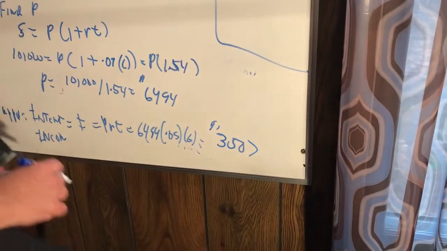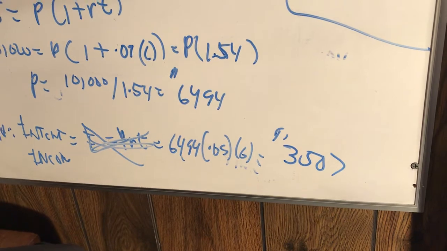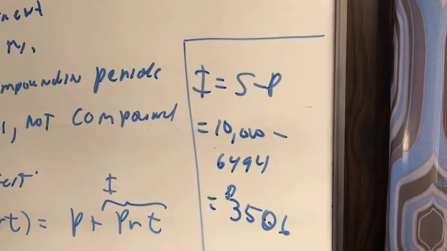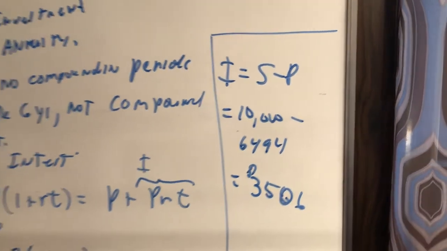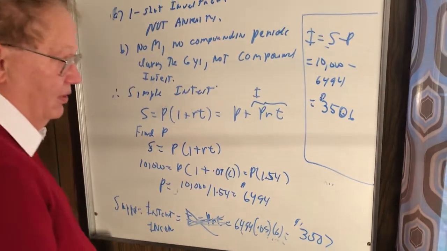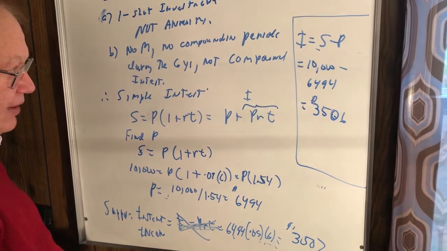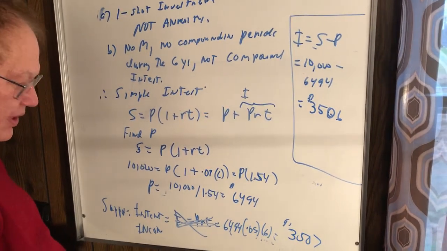I suggest not using this formula at all, because you were using it when looking for interest income in annuity problems. It doesn't hold. When you want to find interest income, use this: I equals S minus P. P may change also. Do not use PRT.